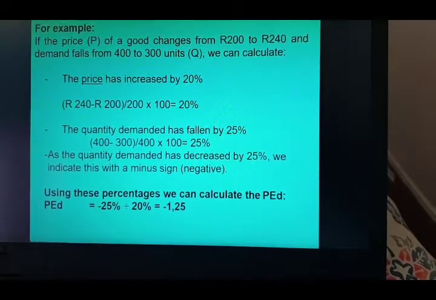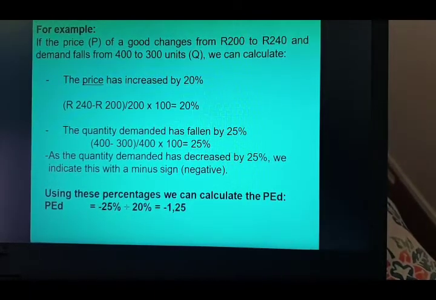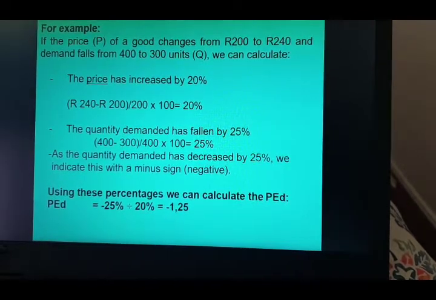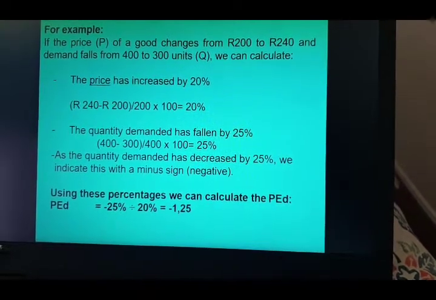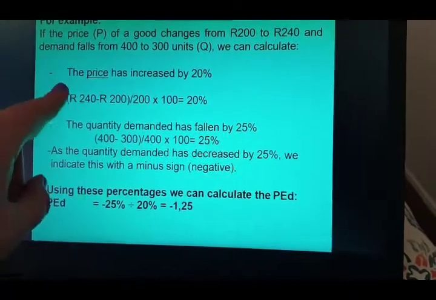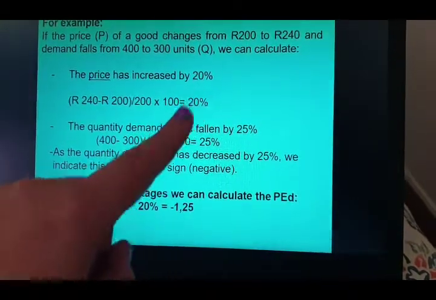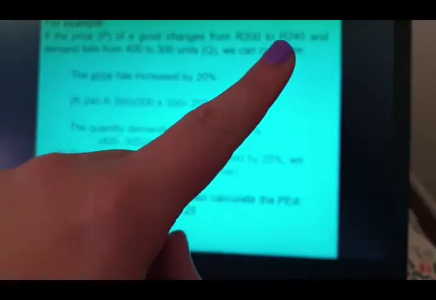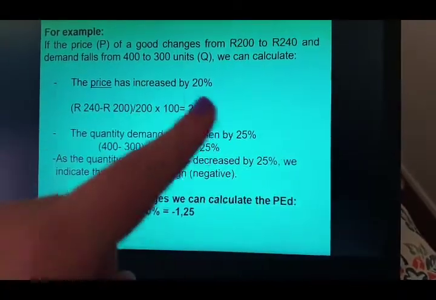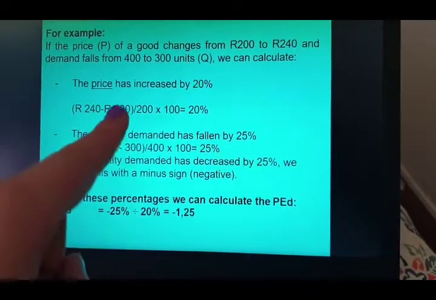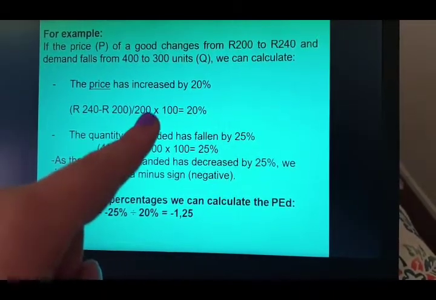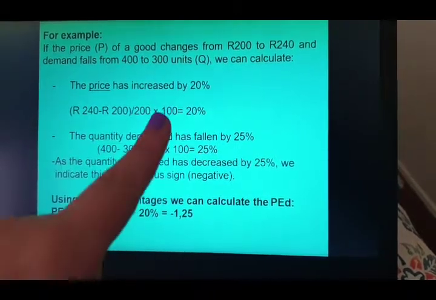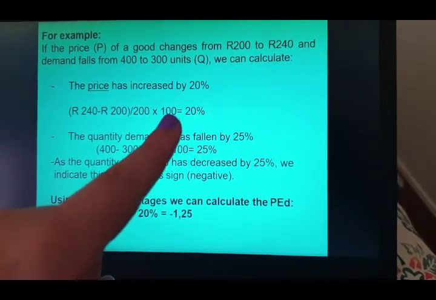For example, if the price P of a good changes from 200 to 240 Rand and demand falls from 400 to 300 units Q, we can calculate that the price has increased by 20% by saying 240, that was my new price, minus 200, my original price, divided by 200, my original price, times 100.